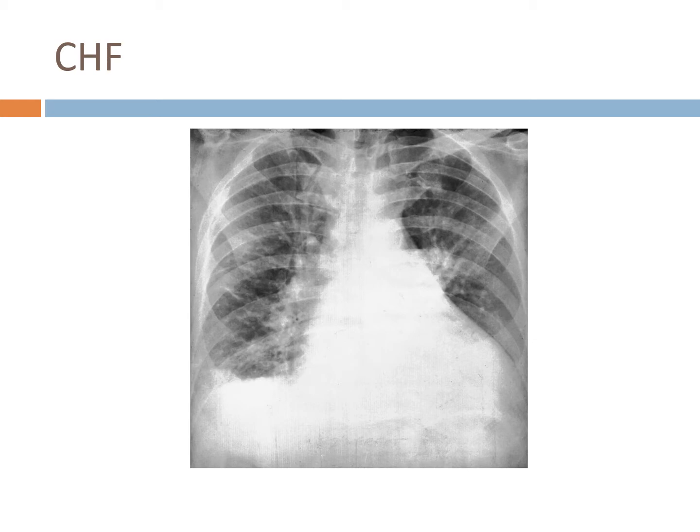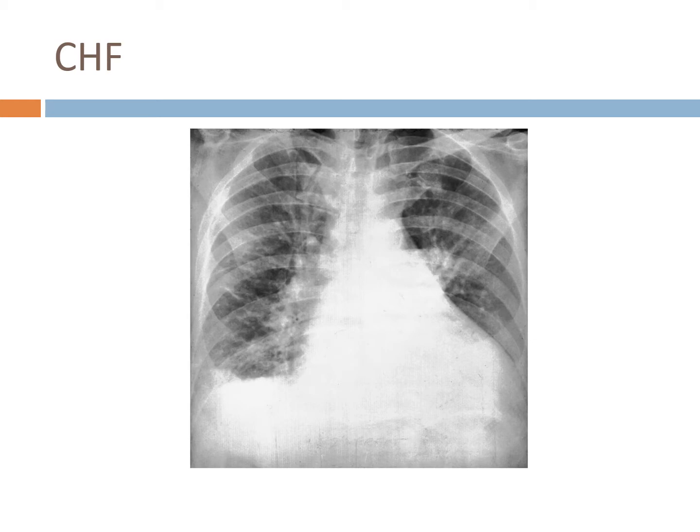It says it is nearly impossible to reproduce in print. Some of the other things that you might see here are increased interstitial markings caused by fluid collection around the lymph channels, kind of in the middle here. The pleural effusion is greater on the right hemithorax, and on the left you have more fluid, kind of in here. Enlarged pulmonary artery segments are caused by increased pulmonary artery pressures.